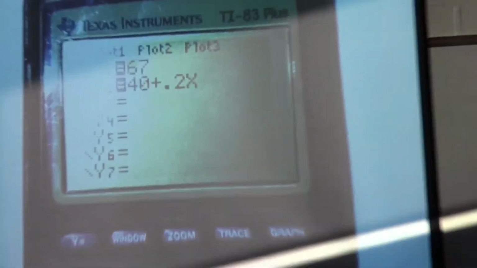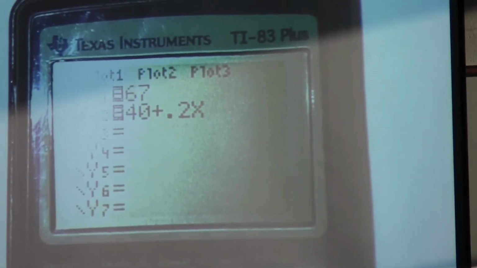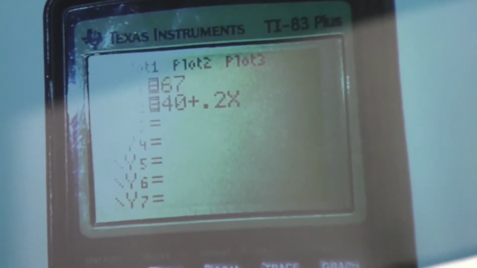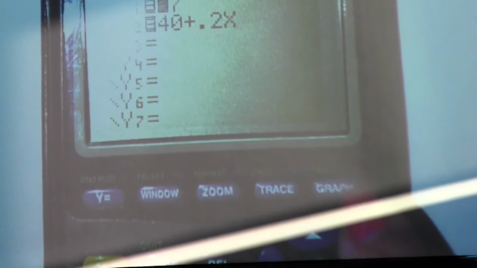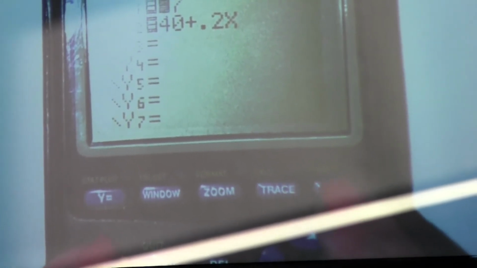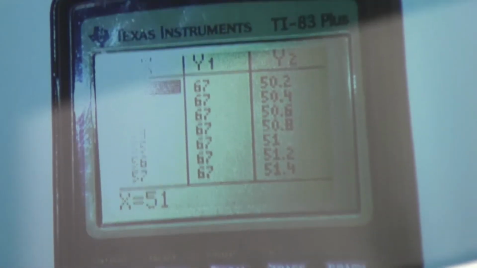So you put your two equations in your y equals. That part's really easy. And then instead of hitting the graph button down here, we're going to hit second graph to get to this little yellow table.